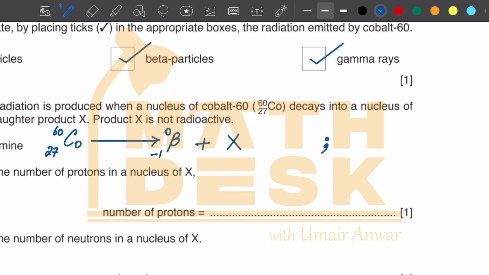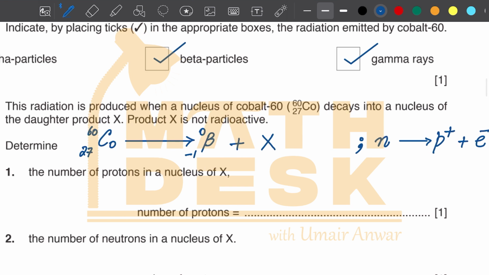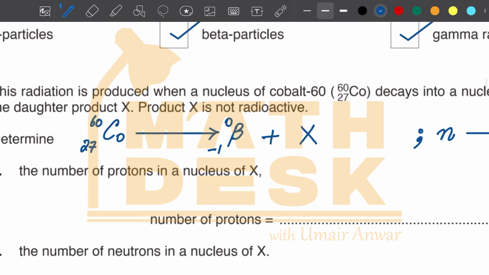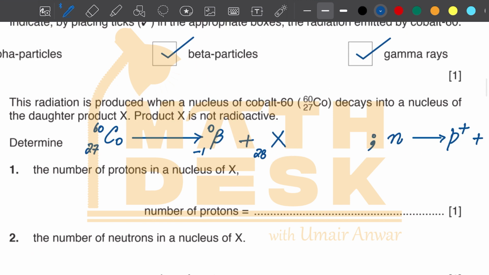So in a beta negative decay, we have a neutron being converted into a proton and an electron, which is a beta particle. So what happens? The proton number increases by 1, but overall the mass number remains the same.